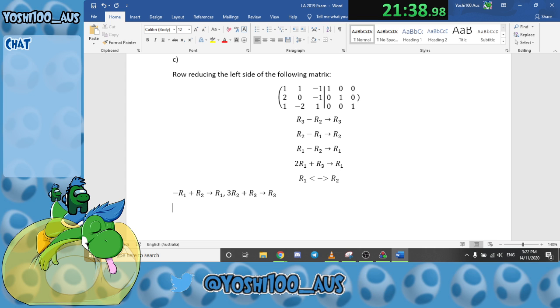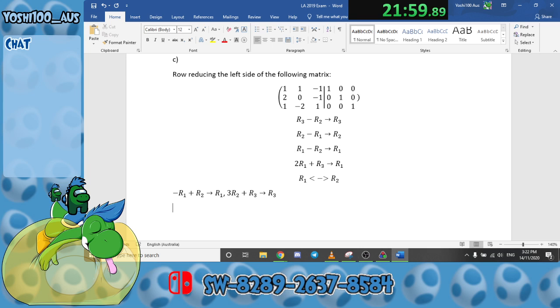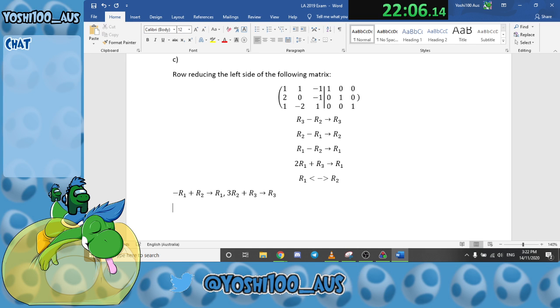And then you have 3R2, so that's 12. 12 plus 0 is 12. Minus 9 take 1 is minus 10. And 3 plus 1 is 4. Right? And then now all we have to do is divide, well, half times R3 is now R3.